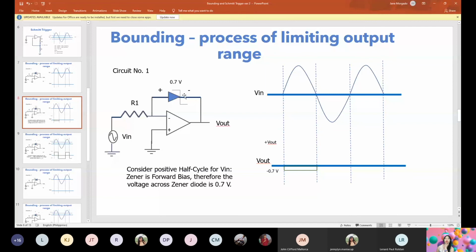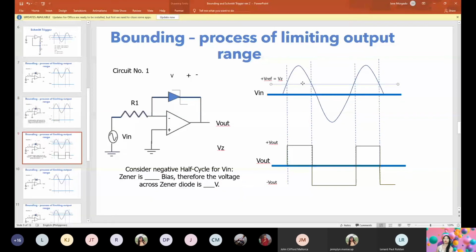So what will happen during the negative half cycle? Let's see. We have here again, let's copy this. So you have negative 0.7 for the positive half cycle. How about during the negative half cycle? What do you think is the bias of the diode?